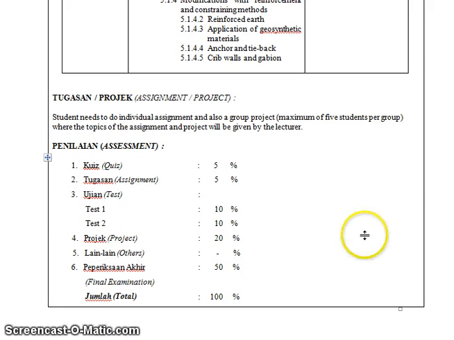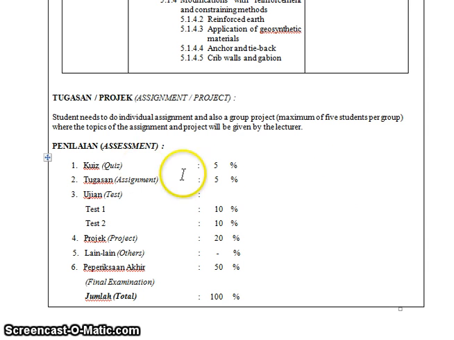And in terms of the assessment, I think it should be reminded that you will be given a project comprising 5 students per group, and the project will be related to the foundation, whereby I will share with you slightly later.